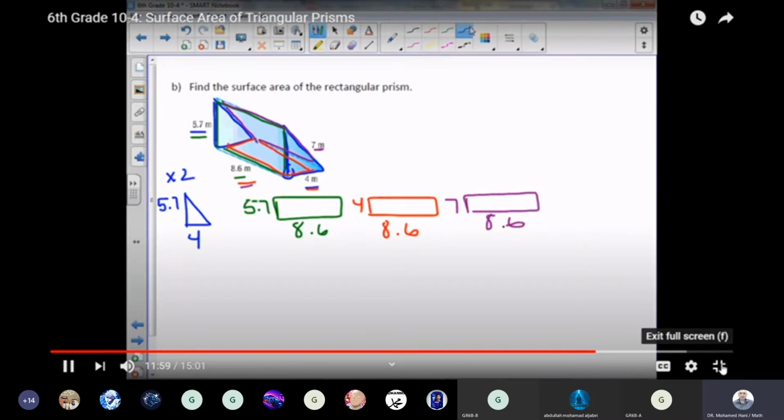Now let's find the area. We'll start from left to right. Area of a triangle is 1/2 base times height. Area equals 1/2 times 4 over 1 times 5.7 over 1.